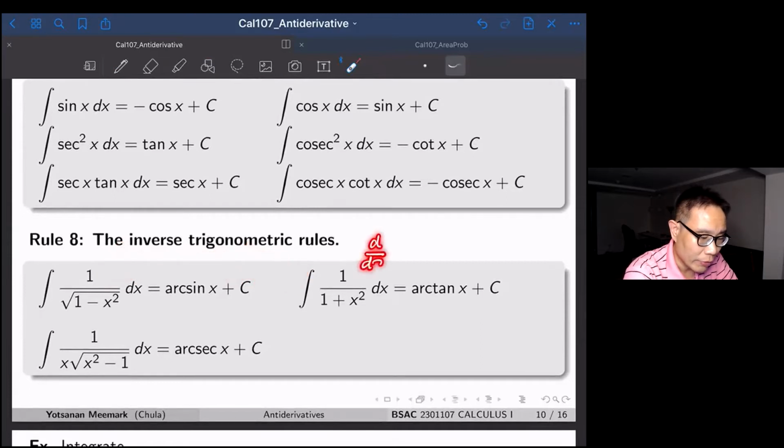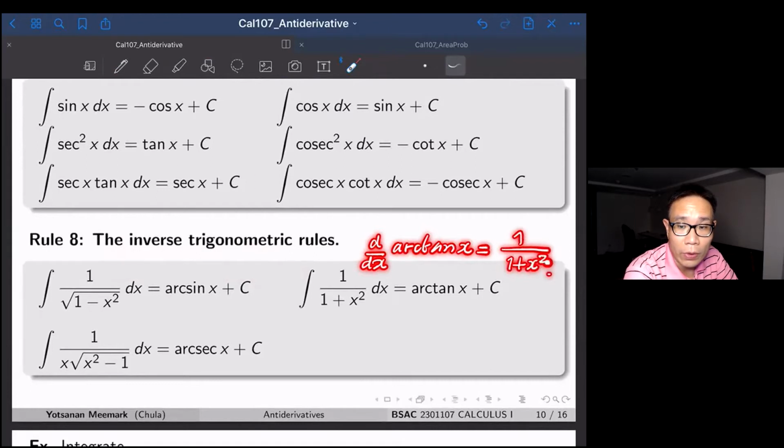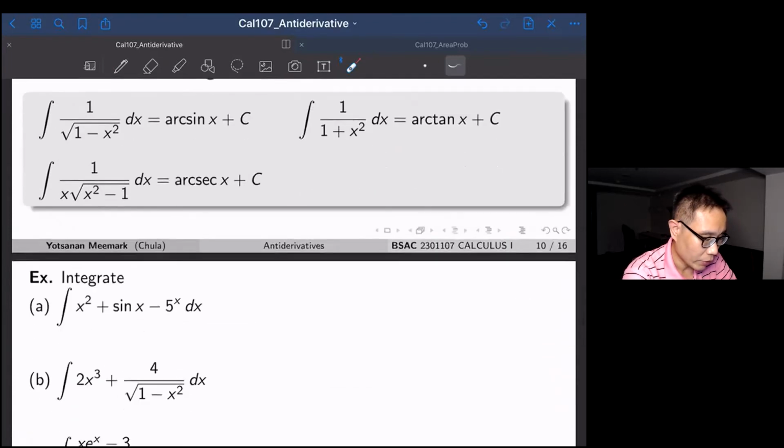Similarly, the derivative of arctan x is 1 over 1 plus x squared, so the integral of 1 over 1 plus x squared dx turns out to be arctan x.